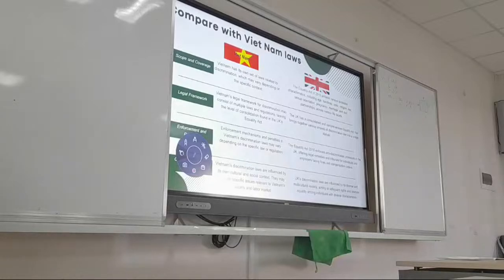Their law reflects the need to protect the rights and promote the equality of individuals with various characteristics. In Vietnam, discrimination law is influenced by its own cultural and social context. They may focus on specific issues relevant to Vietnam's social and labor market.